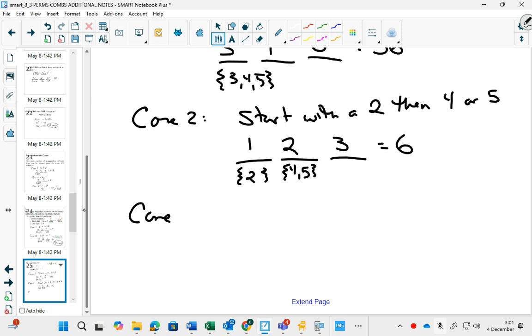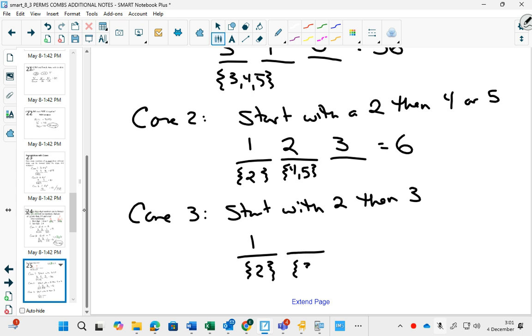What haven't I counted now? The numbers in the 230s. So case 3, start with a 2, then a 3. So this has to be a 2, 1 choice. This has to be a 3, 1 choice. And now I'm counting numbers in the 230s, and there's going to be restrictions on my last number as well, because it has to be bigger than 232.